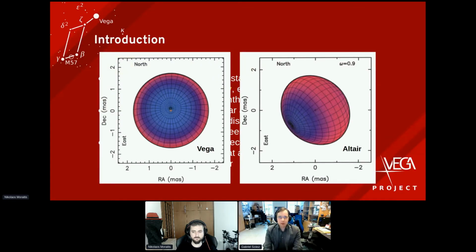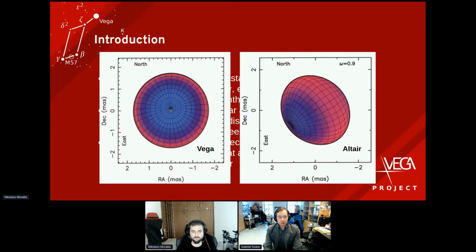You can see the temperature of the surface is not homogeneous. There is some kind of inhomogeneity on the pole. And the problem with this is we don't know the actual inclination axis in advance.